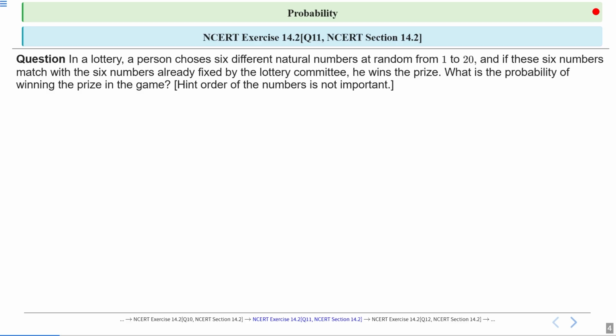In this question, we have a lottery, where a person chooses 6 different natural numbers at random from 1 to 20.